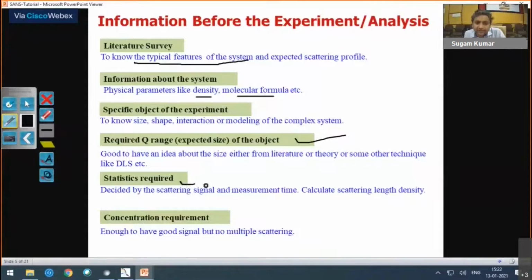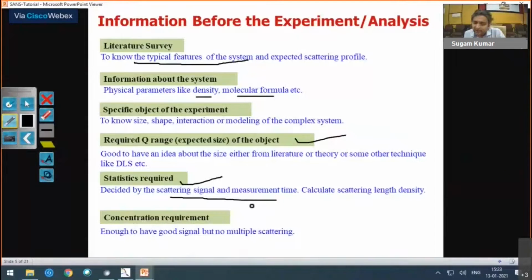The signal should be good. If there is a lot of noise, it will be very difficult to do either model. In fact, it is very difficult to do model independent data analysis, because at that time taking inverse Fourier transformations is very difficult. There will be a lot of artifacts.